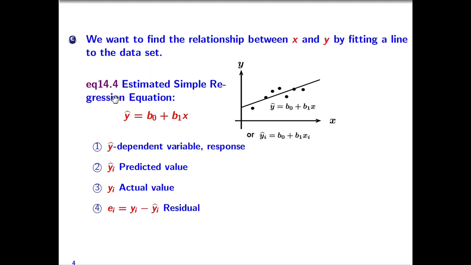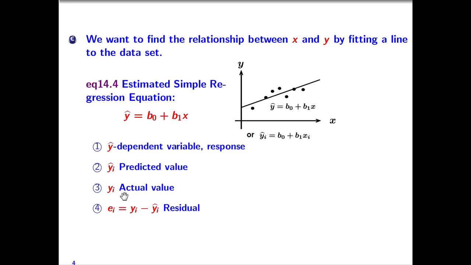And this is equation 14.4, the estimated simple regression equation: y hat equal to b0 plus b1x, or for each observation, yi hat equal to b0 plus b1xi, where y hat is the dependent variable or response. Yi hat also is called the predicted value for each of the observations.